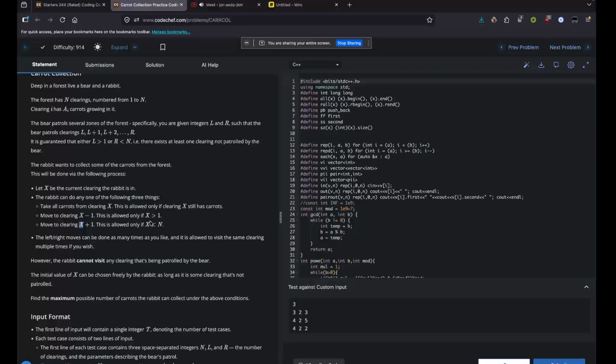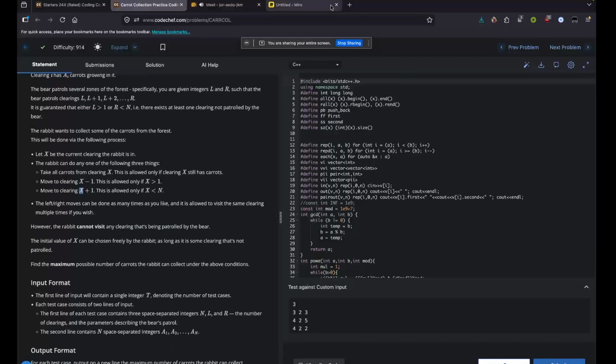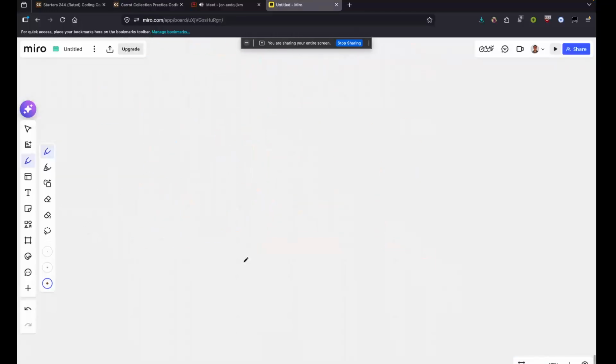So the rabbit cannot jump positions. It can only move one step forward or one step backward. Suppose there are n clearings, and all clearings have some carrots, say 2, 4, 5, and 6.